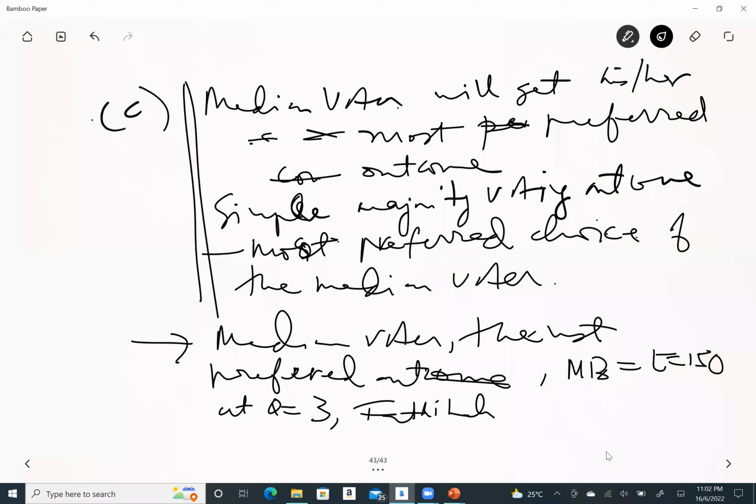The similarity is to determine the number of units of the public good to be provided. Same thing. The model is to determine how much public good to provide. But to get the amount, the method is different. Okay, any question?